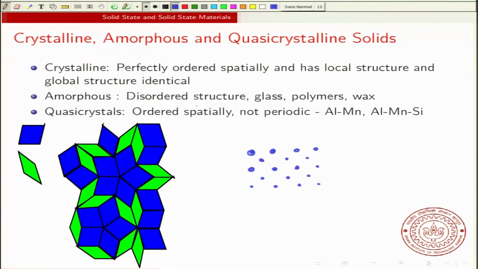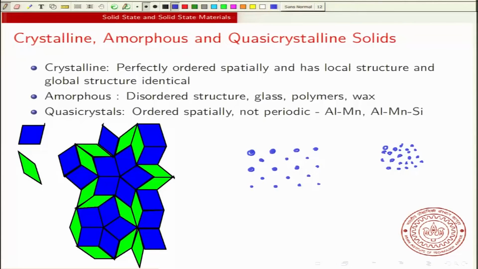In an amorphous solid, the constituents of the solid are disordered. They form a disordered structure. So, you do not have a perfect ordering. You might have something solid-like, but you have things that are not perfectly ordered. That would be an amorphous solid. Things are very close to each other.